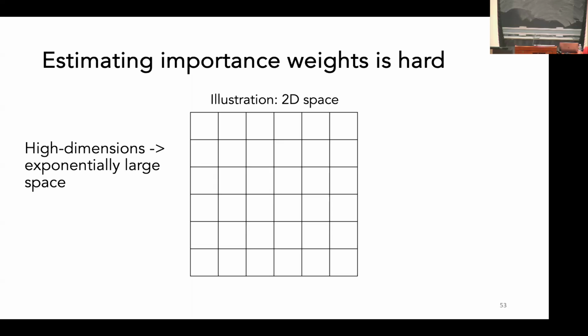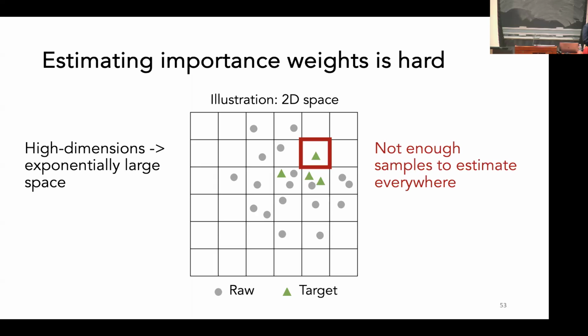Let's say we want to estimate importance weights for each grid cell in this 2D space, and we have these samples of the raw and target. Here I've just drawn non-discrete data for illustration. We can estimate the importance weight by counting the number of raw versus the number of target examples in each cell. However, we don't have enough examples to estimate this well everywhere.